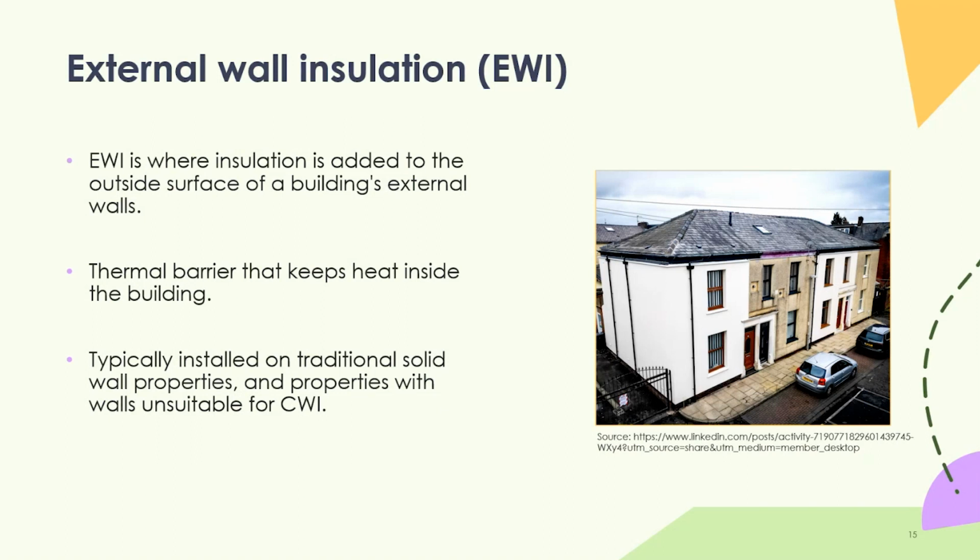Quite often this would be a system, in the sense that you would have a layer of insulation material and then a mesh layer, and then you would finish off with some kind of render material on the outside, which would then be painted, or it might even have a coloured render included in that. So this is creating a thermal barrier that keeps the heat inside the building, again reducing the amount of heat escaping out through the wall.